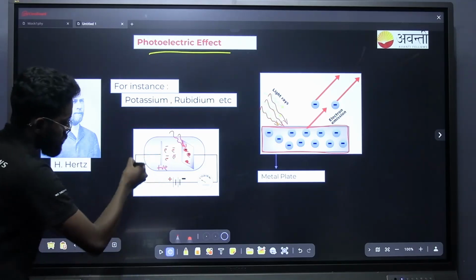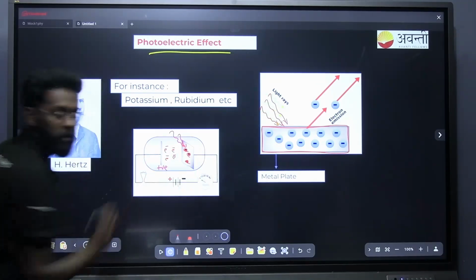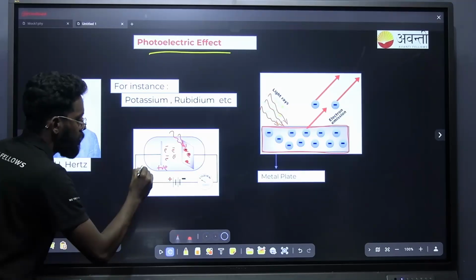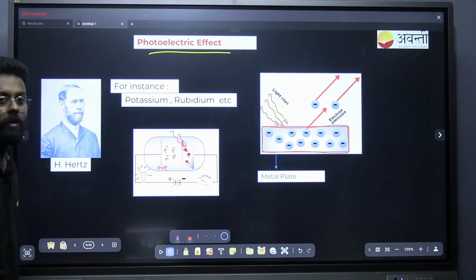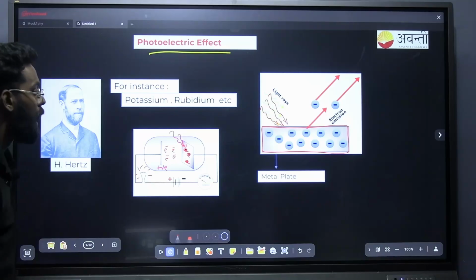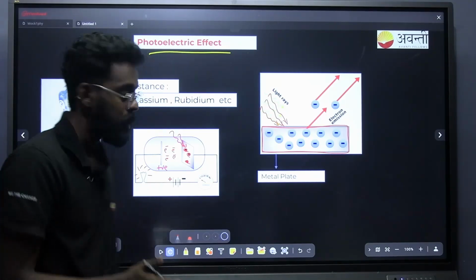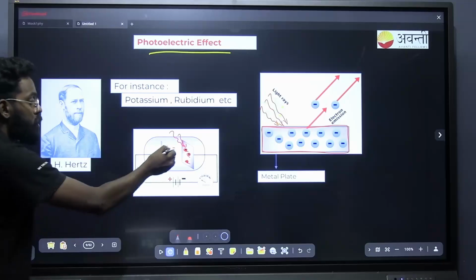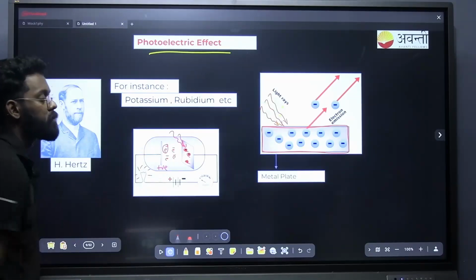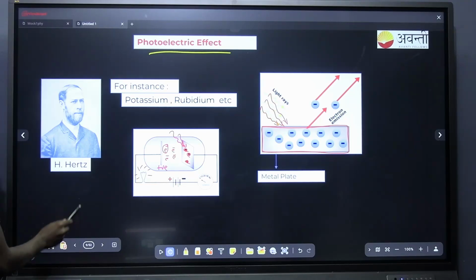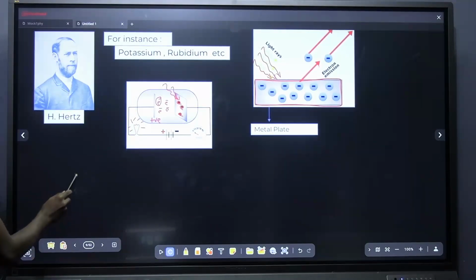When it moves to the positive plate and completes one circuit, we can see the bulb glow here. The current produced due to photoelectrons is called photoelectric current. Got it? Is it clear? You understood what photoelectric current is?